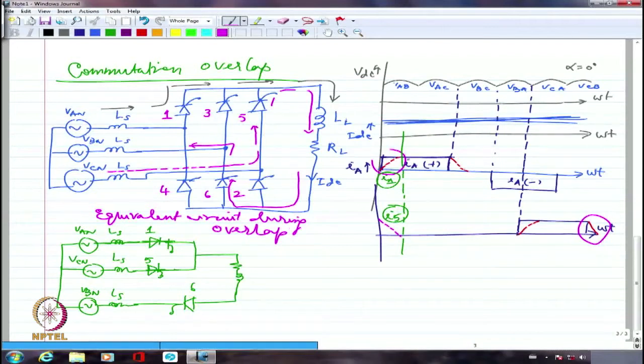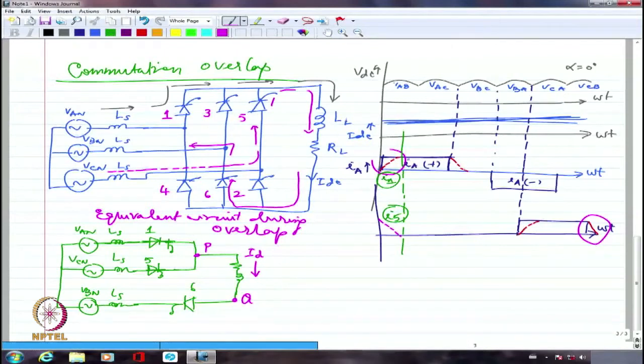Now if I try to look at it, this is point P. Let me call this point Q. Between P and Q, whatever is the voltage, that is my output voltage. The current that is flowing, I am assuming to be a constant current, ID. We said it is a highly inductive load, so we neglected the ripple.